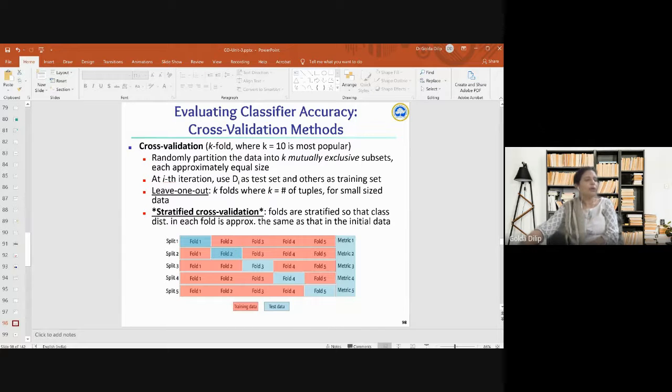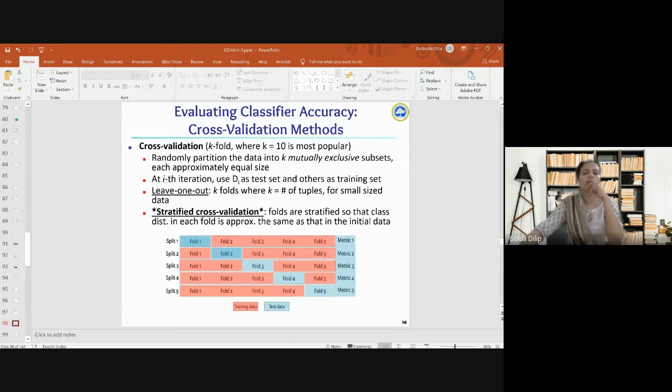When you implement this stratified sampling concept in cross validation, it ensures that the training data set and the testing data set have the same proportion of whatever features we are considering in the original data set. This way we can reduce the error and have a good representation. That's the reason we go for stratified cross validation.